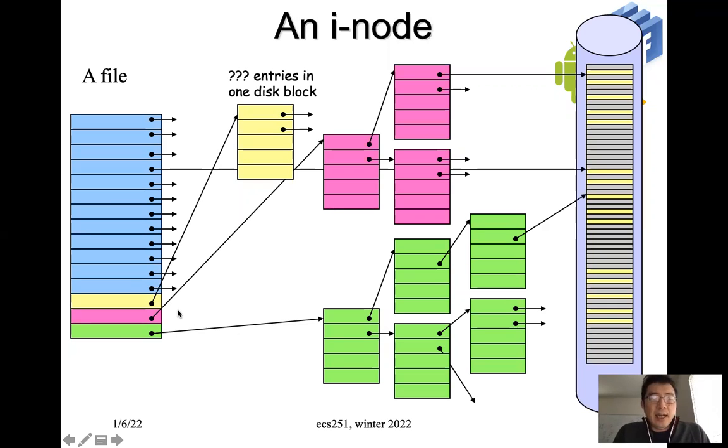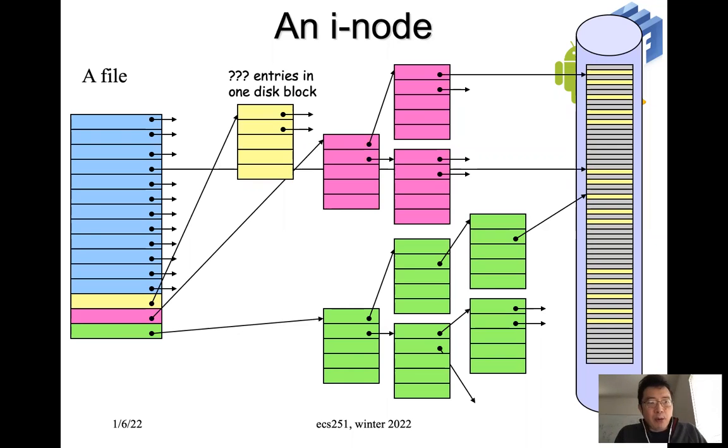The sky blue pointers are 12 pointers. By the way, if you look at different versions of file systems, the number of sky blue pointers might be somewhat different. Some have 12, some may have less, some a little bit more.